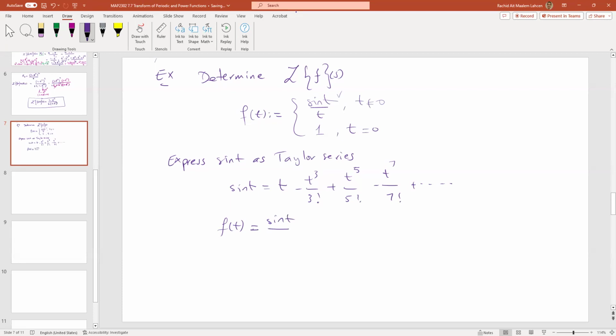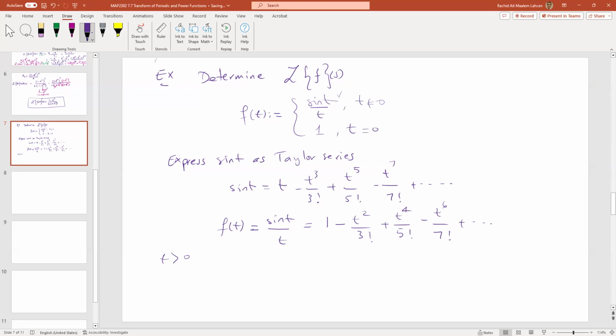At least that part there. All right, divide every term by t. T cubed divided by t. T to the fifth divided by t becomes t to the fourth. T to the sixth. All right. So for t, of course, it's positive.